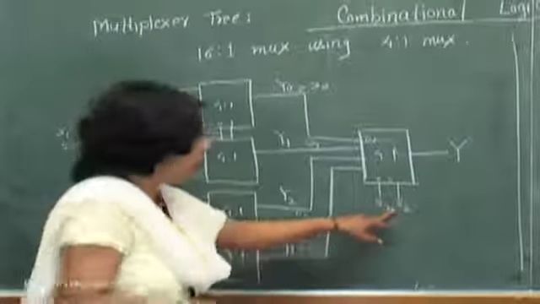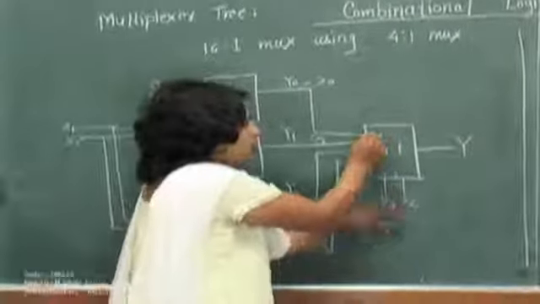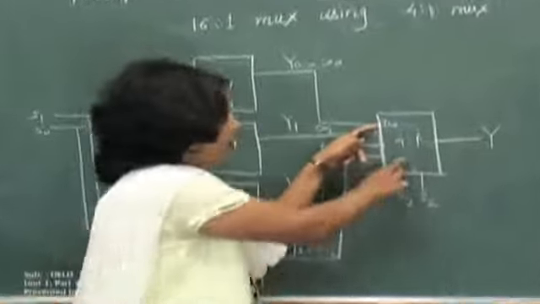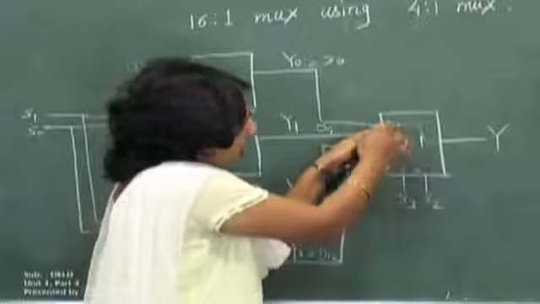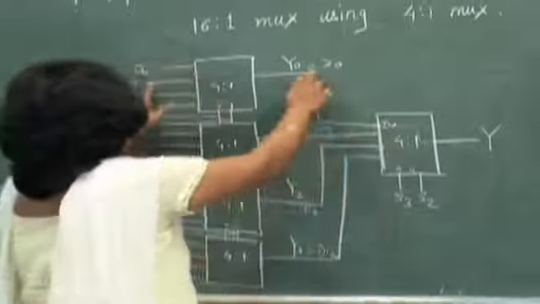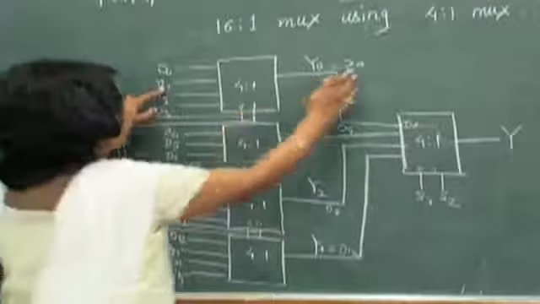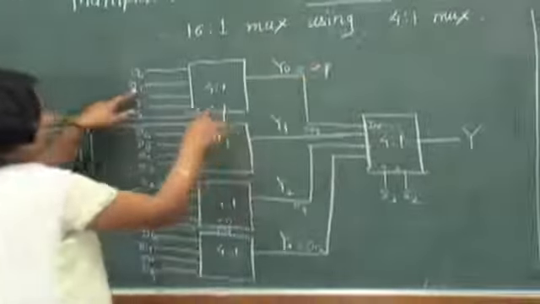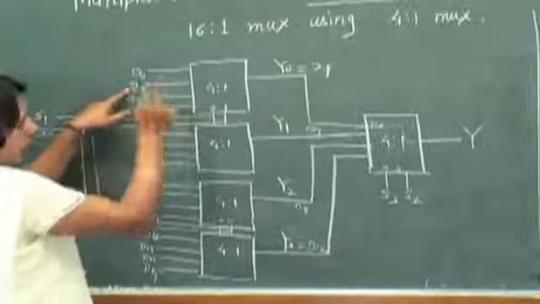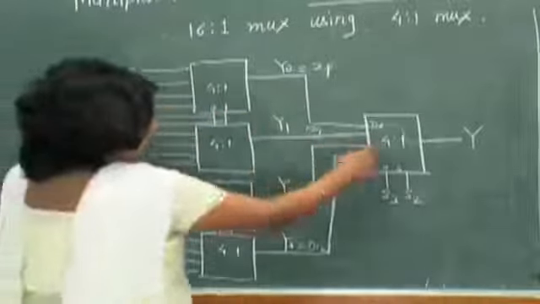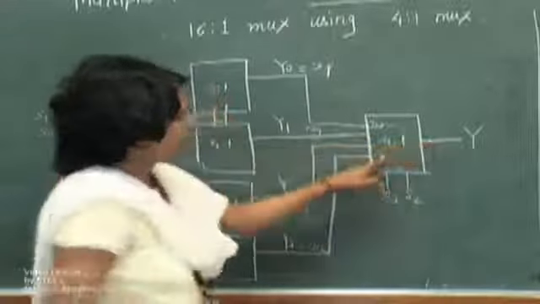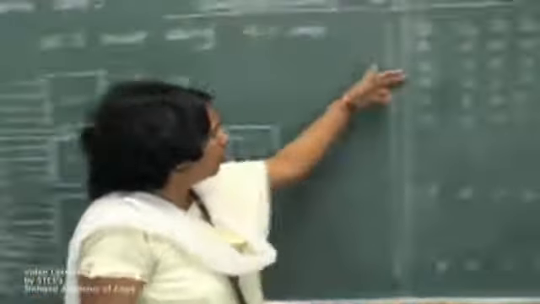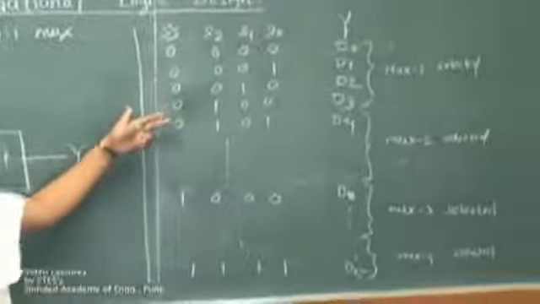So it will select the D0 line of this 4:1 mux, and this D0 line is nothing but the D1 line, as this is 0, 1. So in this case D1 is connected to the output. This is how these 4 cases will function.